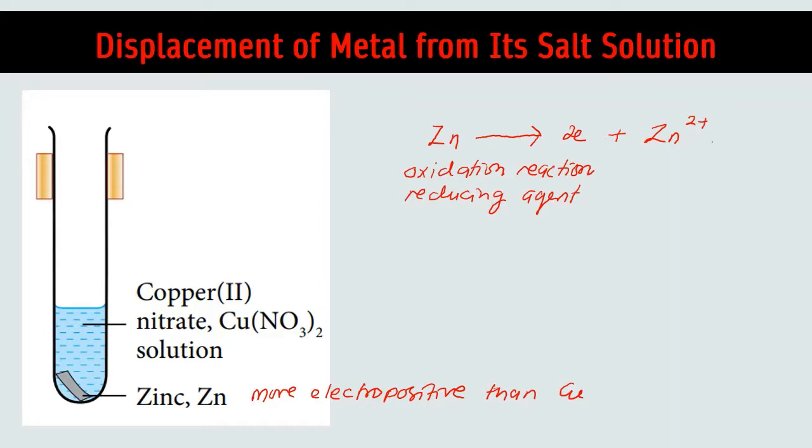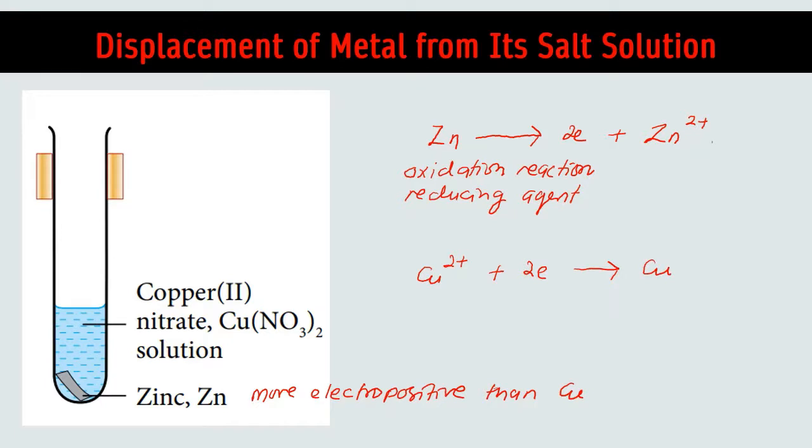While on the other hand, the electrons will be received by the metal ion, which is copper ion, in the test tube. Copper ion with the charge of 2 plus will receive 2 electrons to form copper atom.